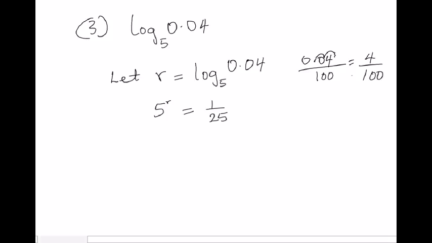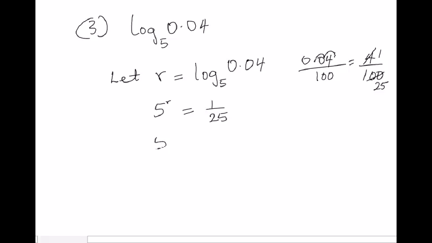Multiply the two sides by 100, so we get 4 over 100. 4 in 4 is 1, 4 in 100 is 25. And that's how we got 1 over 25.